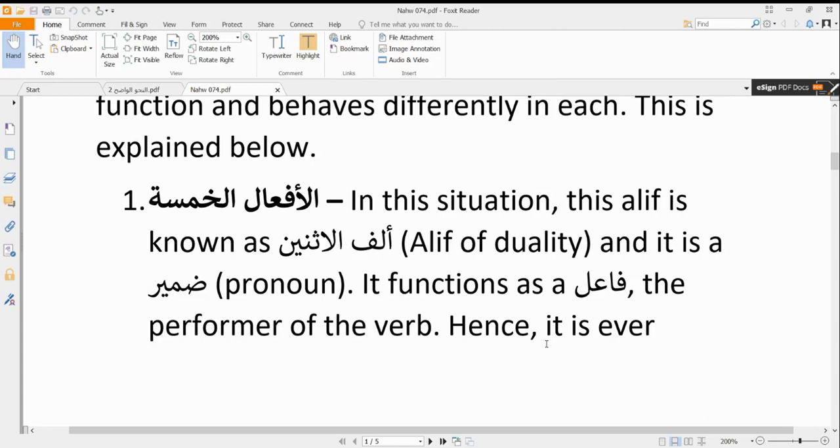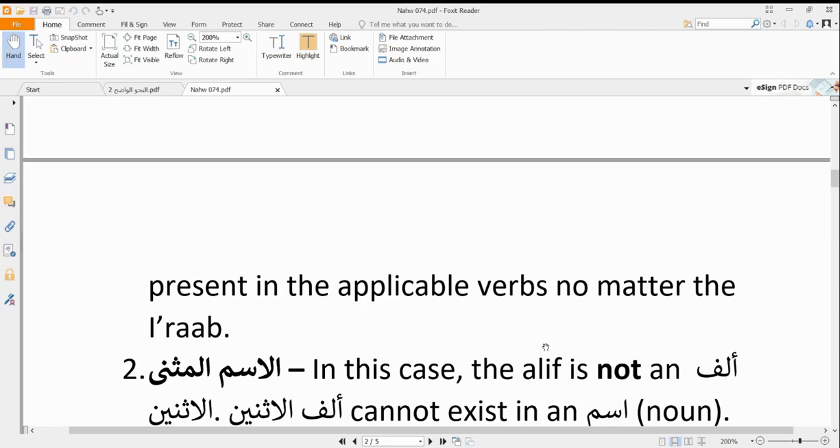And if we have lam yuslima, they did not submit, we remember that lam is an alama to the jazmi, so yuslimani loses the nun, but the alif will always remain because it is an aliful ithnain. So let's remember, for the af'alul khamsa, that alif is called an aliful ithnain and it is a domir. It will always be present in the verb, no matter the i'rab.